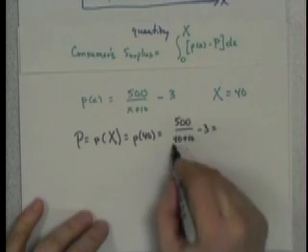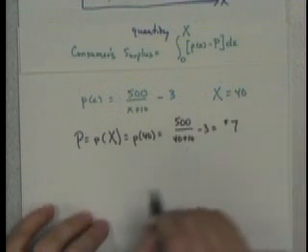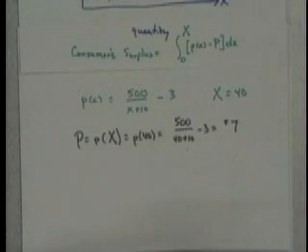Plus 10 is 50, 500 divided by 50 is 10, 10 minus 3 is 7. So it could be $7, or it might be $7,000. Again, the units are dependent on the problem. 40 might be 40,000 units.